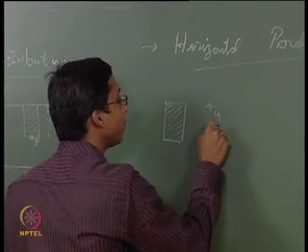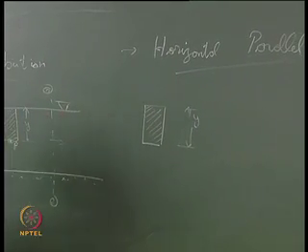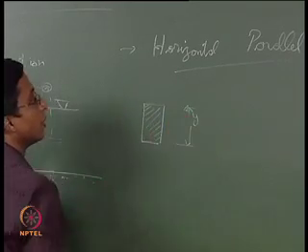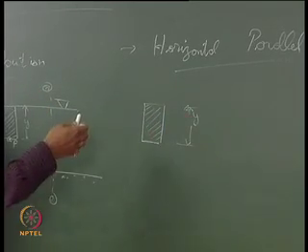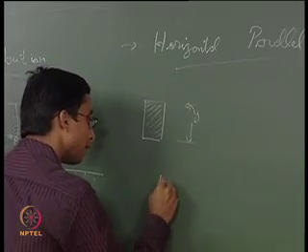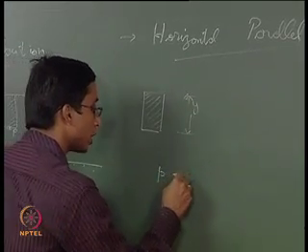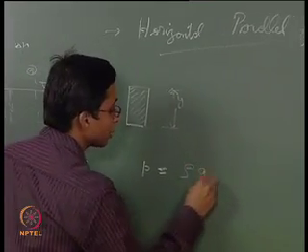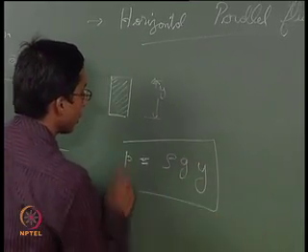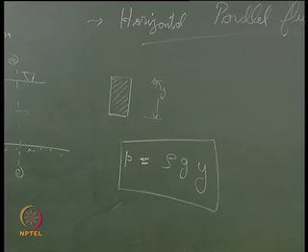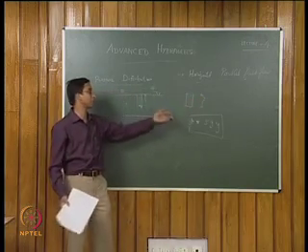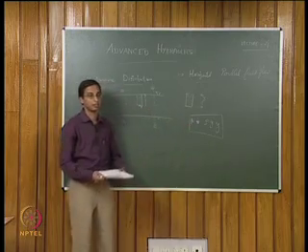So, with the same analogy as you have taken for the static fluid, here again you equate the forces, you will see that your pressure distribution for horizontal parallel fluid flow will be same as your hydrostatic pressure. This I do not want to derive, simple mathematics coming into picture.